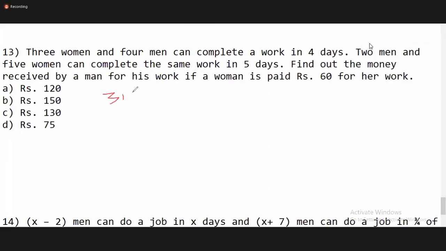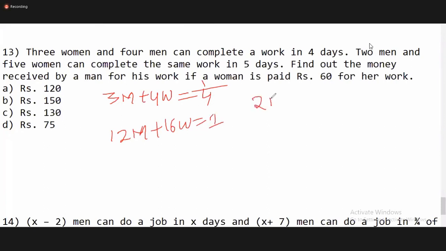3 men and 4 women can complete a work in 4 days. With the capacity of 3 men and 4 women, they are taking 4 days, no? If I want to complete the work in 1 day, I need to increase my man force. So that's going to be 12 men plus 16 women, they can complete it in 1 day.